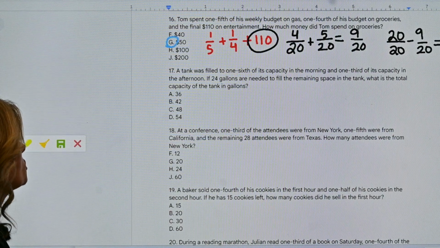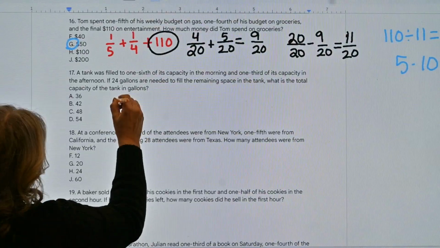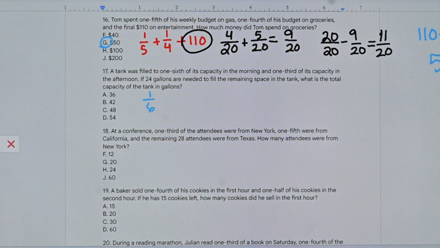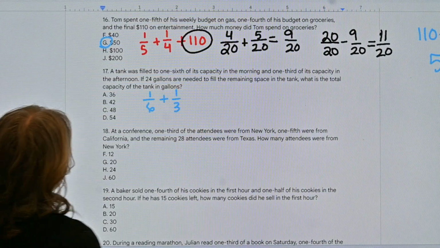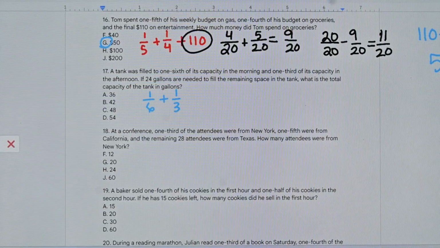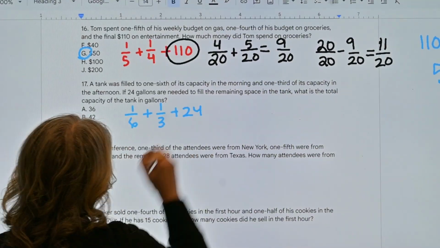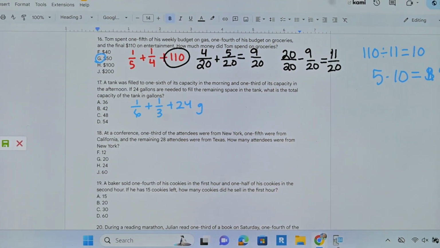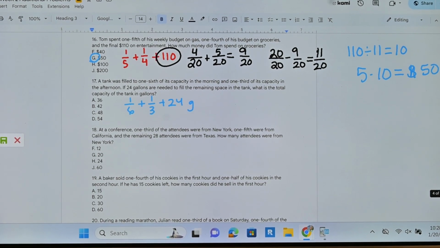Yeah? Okay. So a tank was filled to 1/6 of its capacity in the morning. So 1/6. And 1/3 of its capacity in the afternoon. If 24 gallons are needed to fill the remaining part of the tank, so plus 24 gallons, okay. What is the total capacity of the tank in gallons, okay? So let's go ahead and convert these.